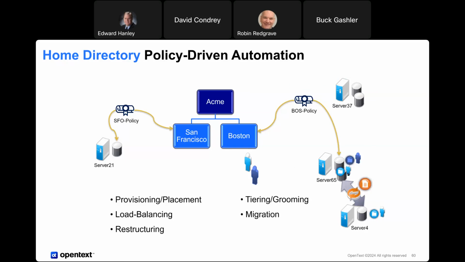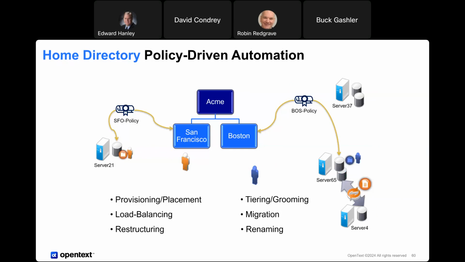Here, we can migrate. So if a user moves from Boston to San Francisco, we see that as an event and say, oh, well, the policy in San Francisco applies. It dictates quota, rights, where the data should be located. So we're actually going to move the data just by moving. So you're basically just taking action in directory services, and we're handling all the file system stuff on the back end.